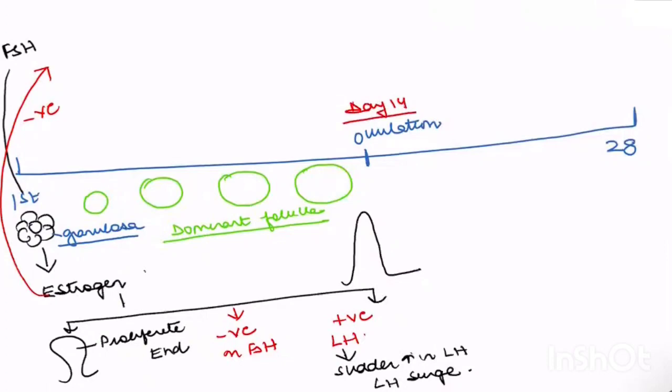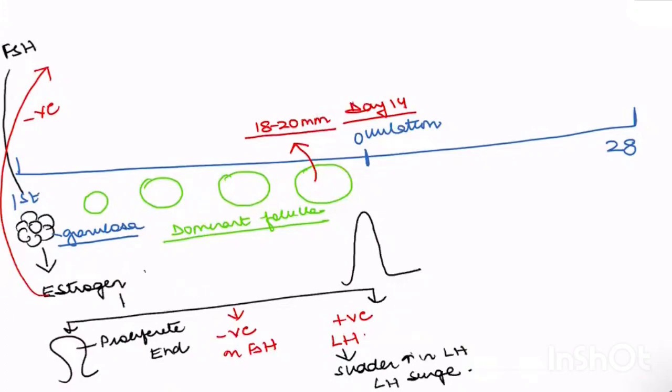Now, the next question which they ask is, what is the size of the follicle just before ovulation? Important for both of you, for nursing students as well as for foreign medical students. So just before ovulation, the size of the follicle is 18 to 20 millimeters. Right?